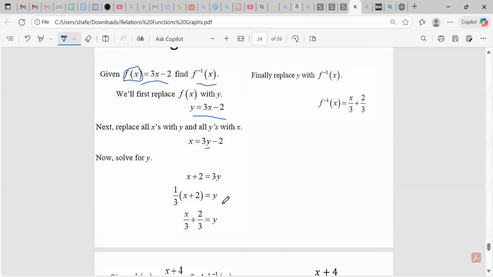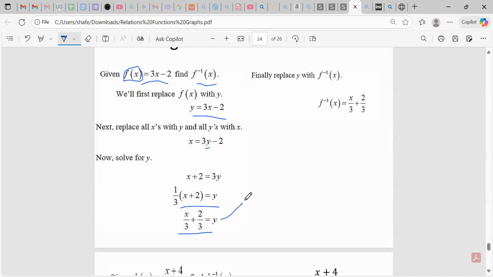And remember I talked about transposition the last day. Transpose to make y the subject. So we take the 2 over, that's what we did here. And then we take this 3 over and divide everything. So you can leave it like this or you can write it like this.